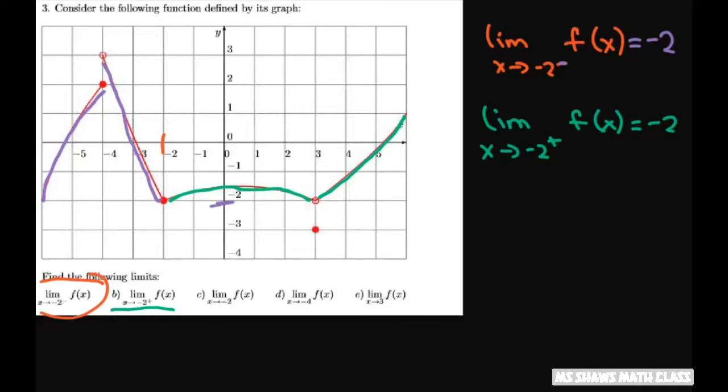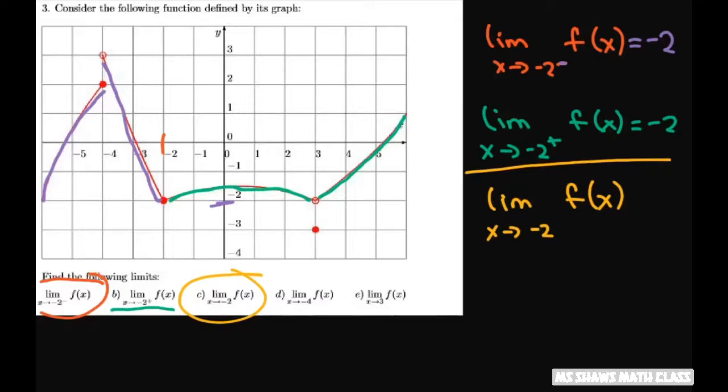So that means when you're taking the limit, so this third one, the limit as x approaches -2, if you ever see something like this, you have to go the left route and the right.